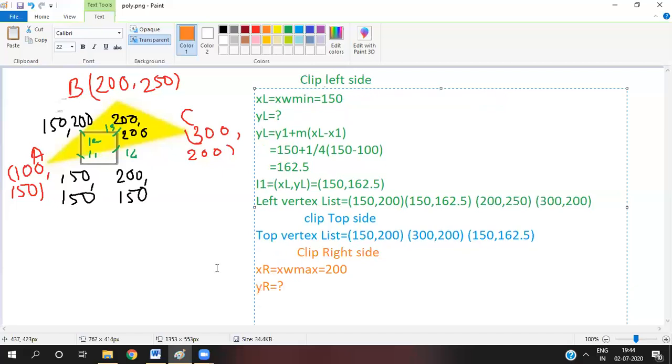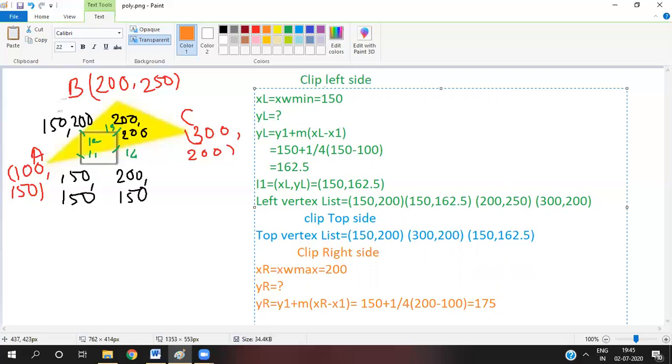YR is equal to, same equation, y1 plus m in bracket xr minus x1. So y1 is 150 plus 1 divided by 4 in bracket, xr is 200, x1 is 100, minus 100. Here you will get 175 after calculating.